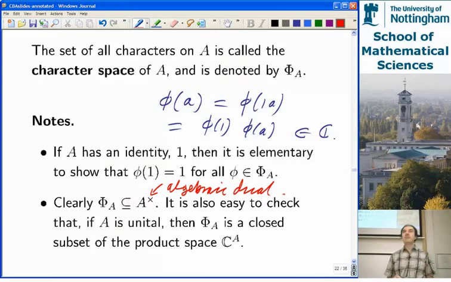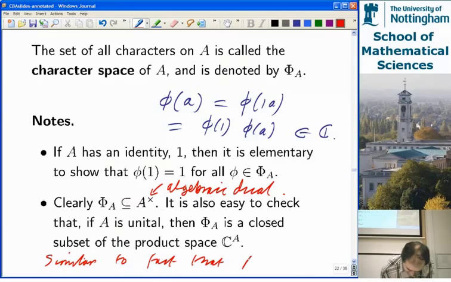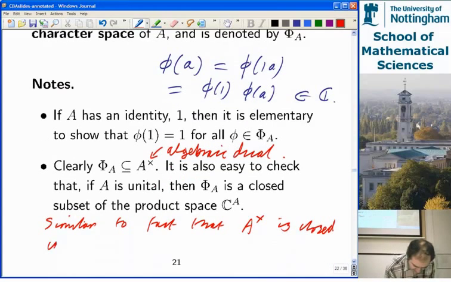And this is similar to the fact that A cross is closed in C to the A. So earlier we mentioned that the algebraic dual is closed in the product topology as a subset of C to the A. And now if you just throw in being multiplicative as an extra condition, you stay closed. So I won't prove that, but you can check that as an exercise.